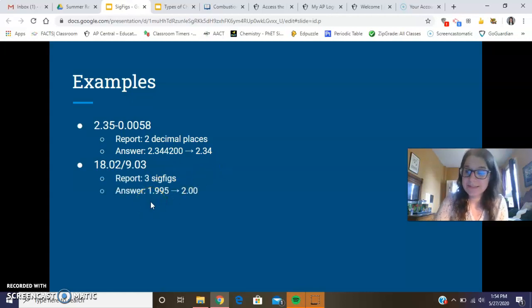Once I plug into the calculator, I get 1.995, and then a few other digits. But I am going to round to 3 sig figs, which would be 1.99, but then this 5 tells me I'm going to round up. So I'm going to round up to 2, but I can't just say 2. I have to have 3 sig figs, so it's 2.00. Oh, I guess I did that twice. That's fine.